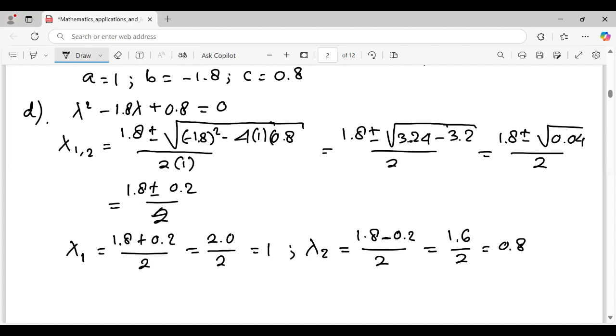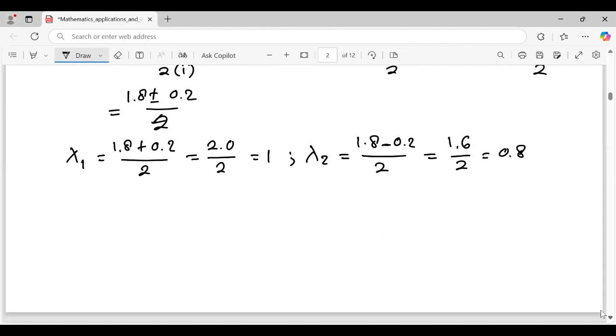So the eigenvalues, I would like to write in here: the eigenvalues are first lambda equal 1, and the second lambda equals 0.8.